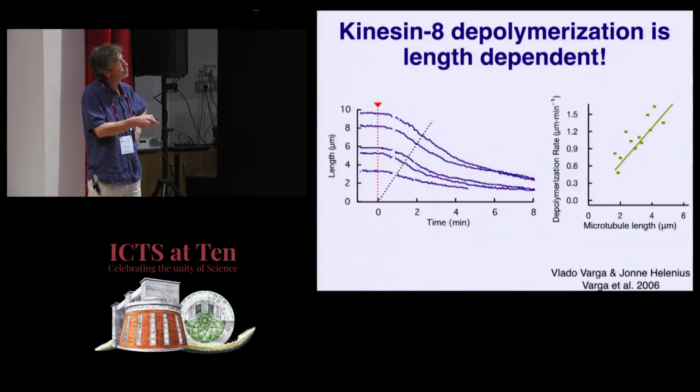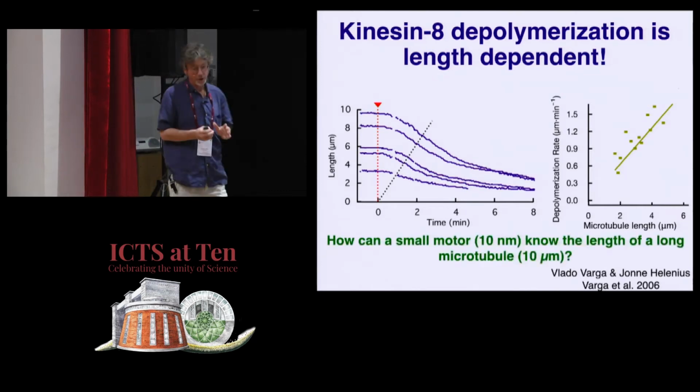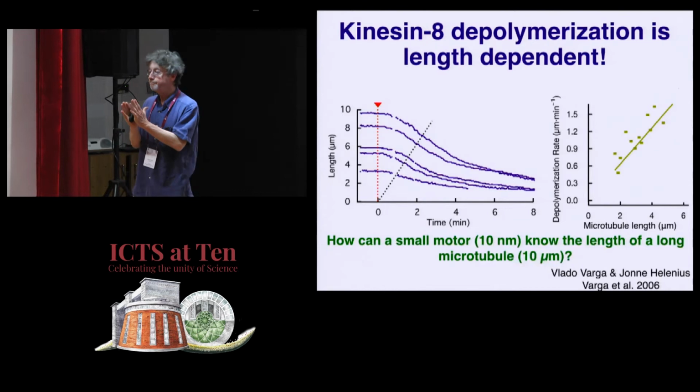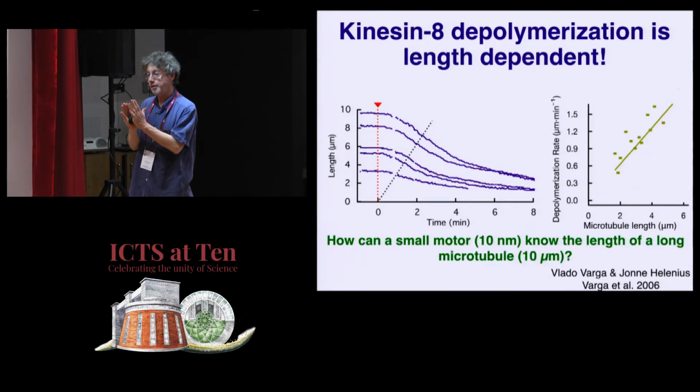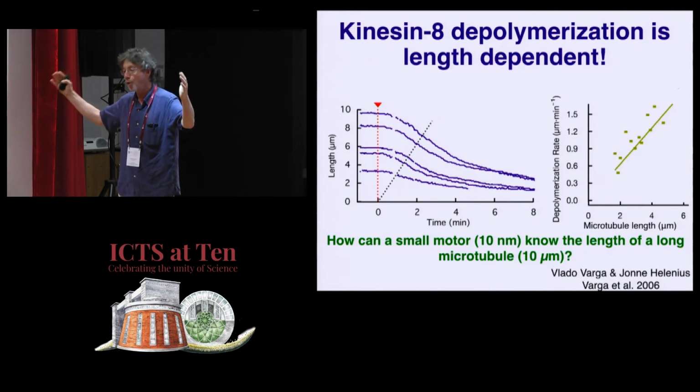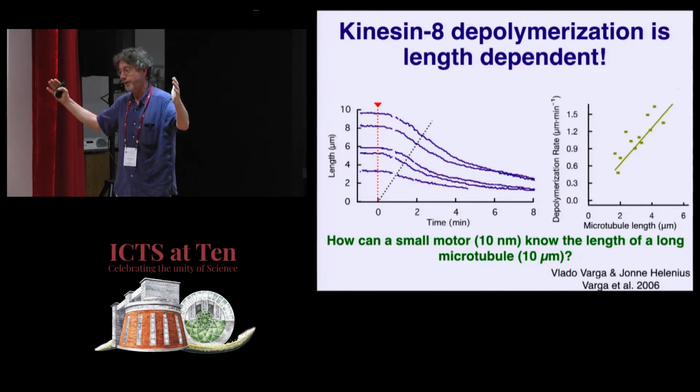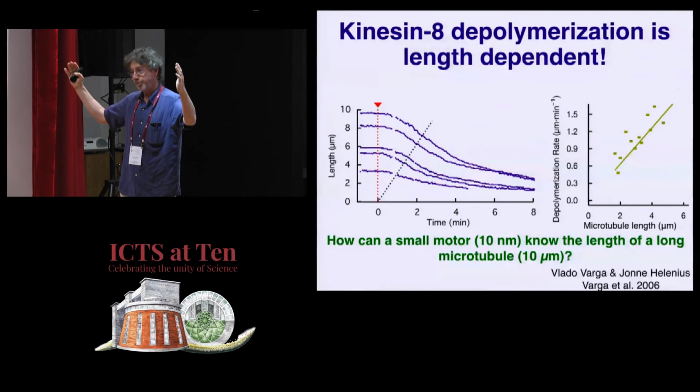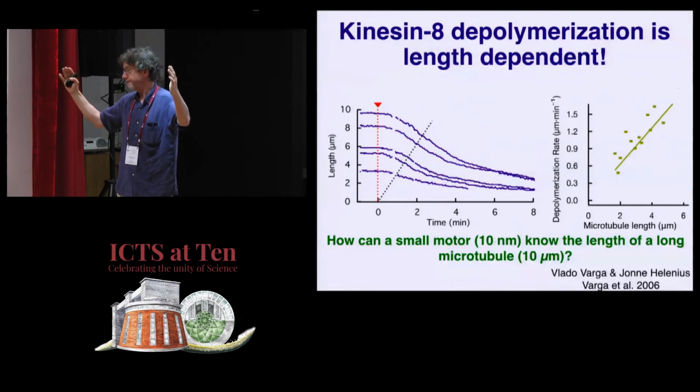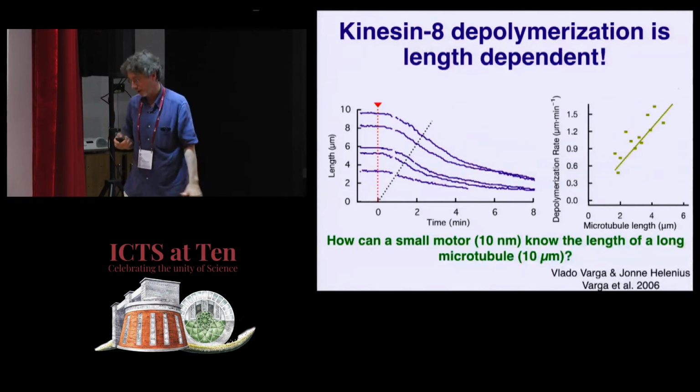So it's a length-dependent depolymerase. Now, that begs the question, how does a little motor that's only about 10 nanometers in length know to depolymerize a long microtubule that's 1,000 times longer than its length? How does it know to depolymerize this microtubule faster than this microtubule here?